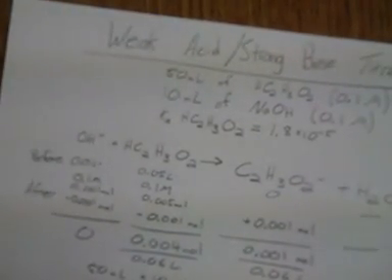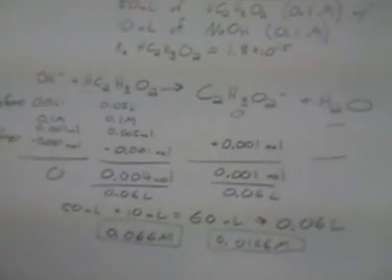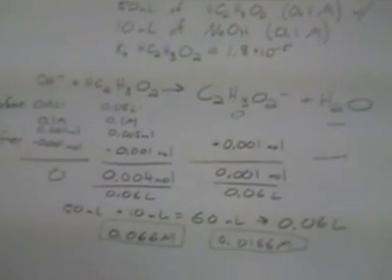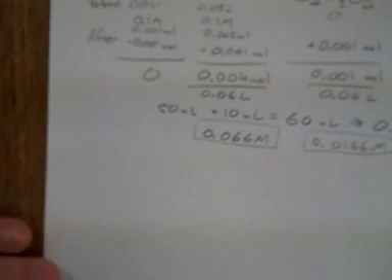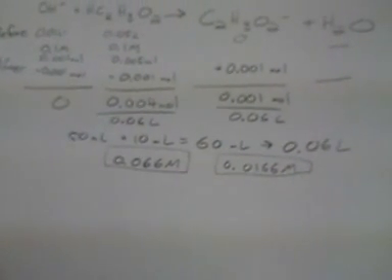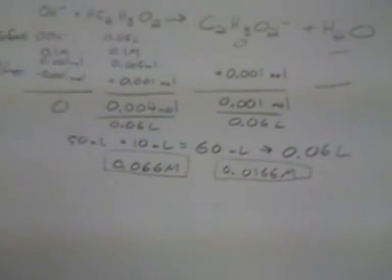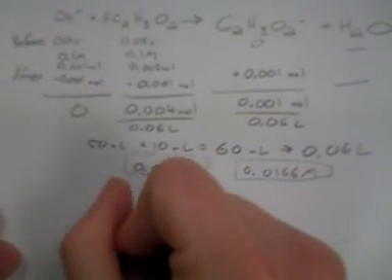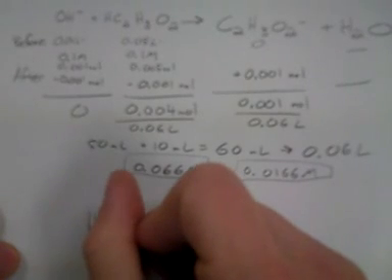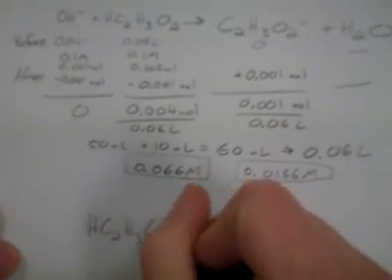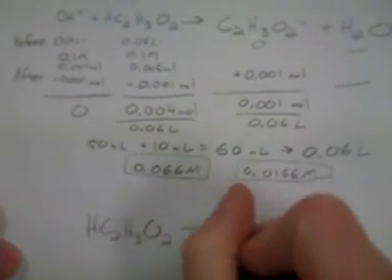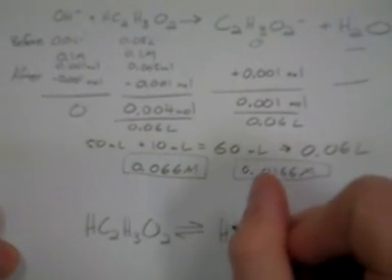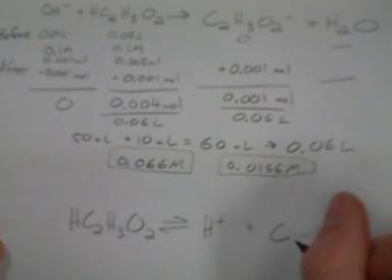Now that we have our new molarities, we can do our ice table. And the equation we're going to use for our ice table isn't this one. It's going to be our pH determining reaction, which is the equilibrium between acetic acid and H plus with the acetate ion.